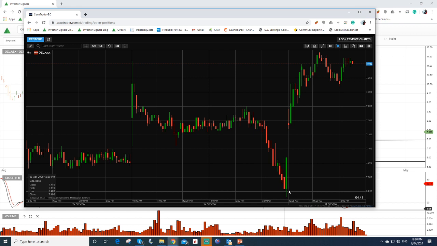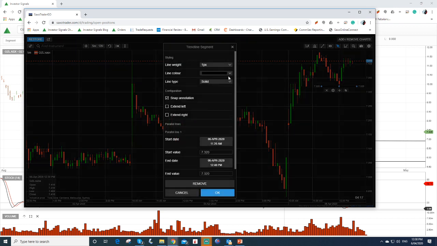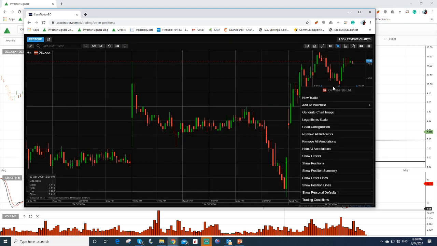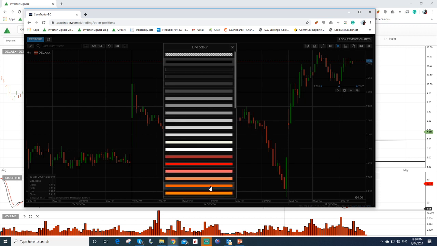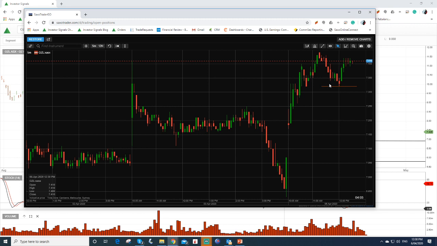So there was the bounce off roughly that $7 level, and then in today's activity not long after the open made a high there at around $7.44, pulled back, made a low of around $7.32. So you could now take a trend line and put under that level there, and that then becomes your stop loss.